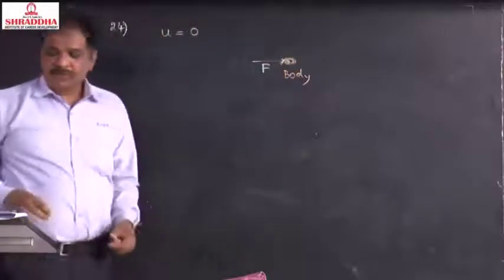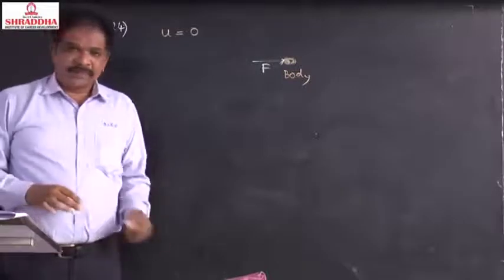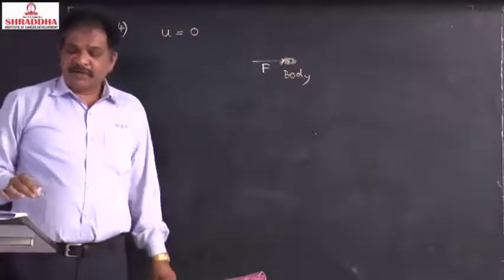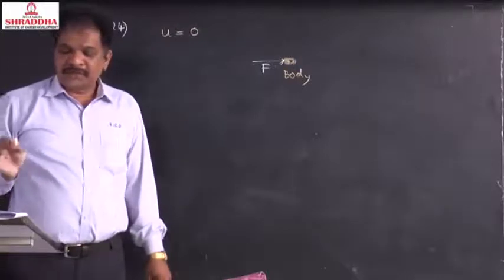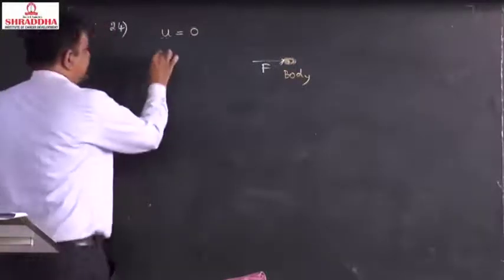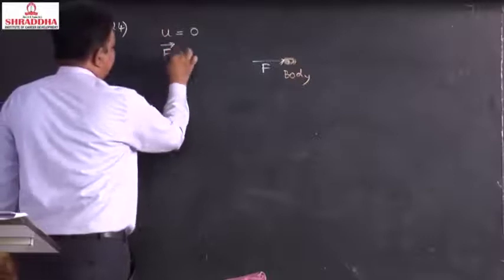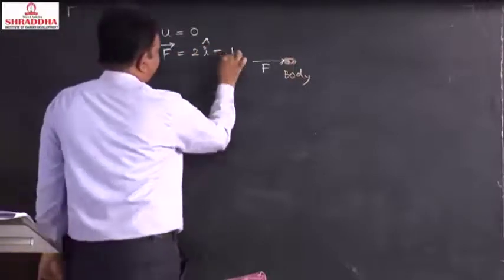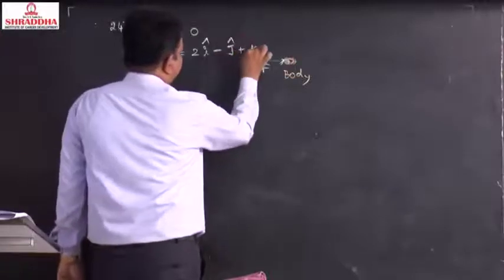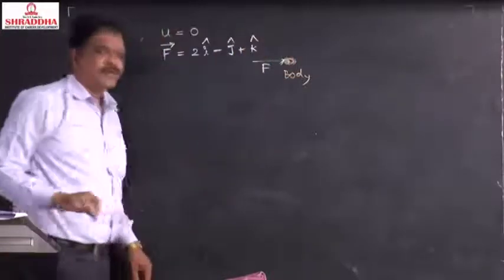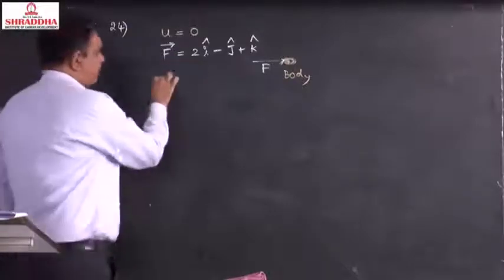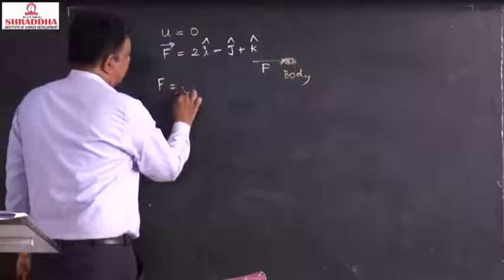A force vector acts on the body, that is 2i cap plus j cap minus k cap. Force acting on it is 2i cap minus j cap plus k cap. If we find its magnitude, how much it will be?